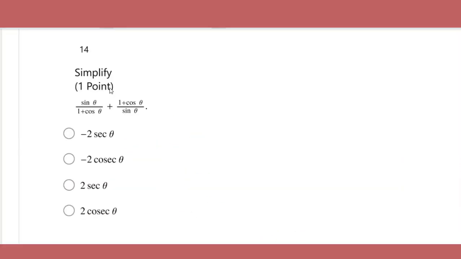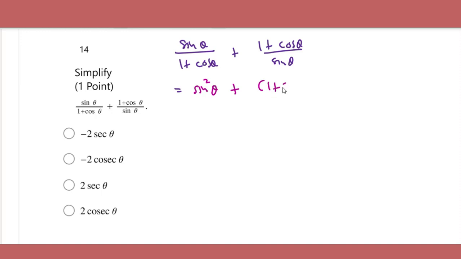Number 14. Simplify sin theta over 1 plus cos theta plus 1 plus cos theta over sin theta. Equating the denominator, we get sin theta squared plus 1 plus cos theta squared over 1 plus cos theta times sin theta.